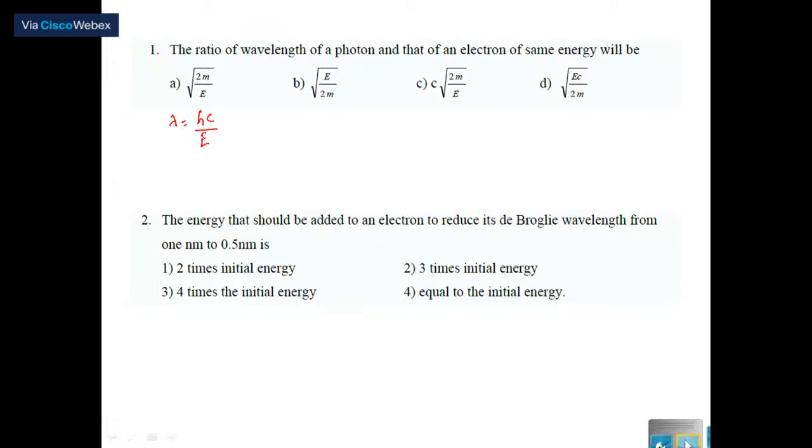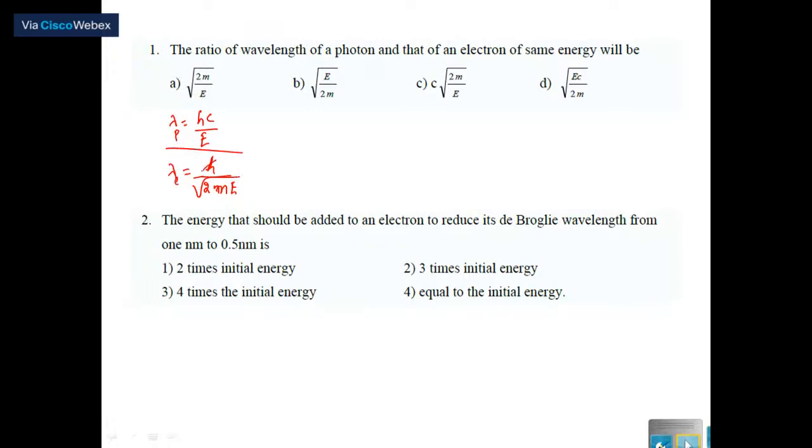What is lambda of the electron? That is h upon the square root of 2m into capital E. This is the wavelength of the electron, and this is the photon.